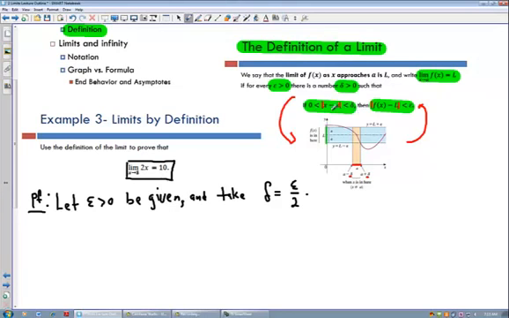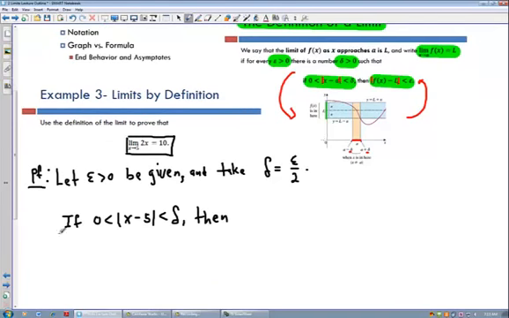So it says, if we have 0 less than the absolute value of x minus 5, since my a is 5, less than delta, then we have f of x, which is 2x, minus L, and my L is 10, so 2x minus 10. And I want to show that this is less than epsilon.